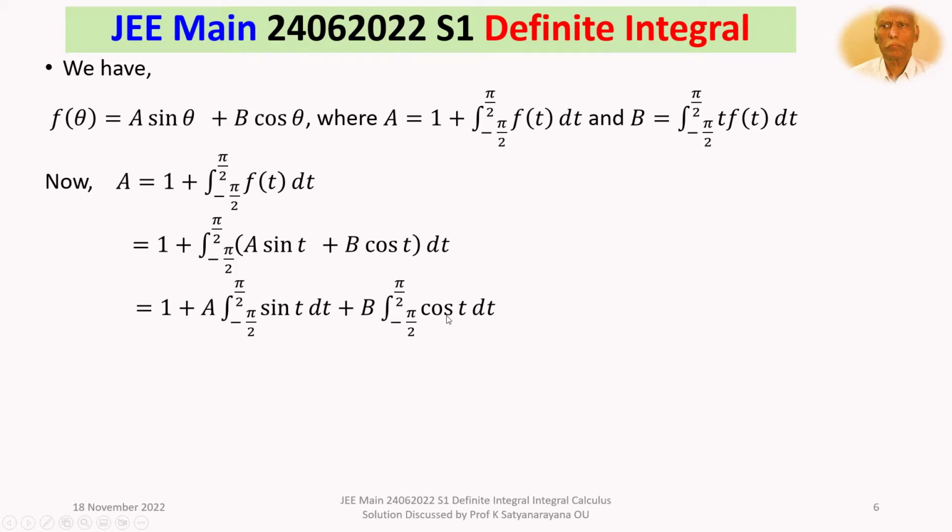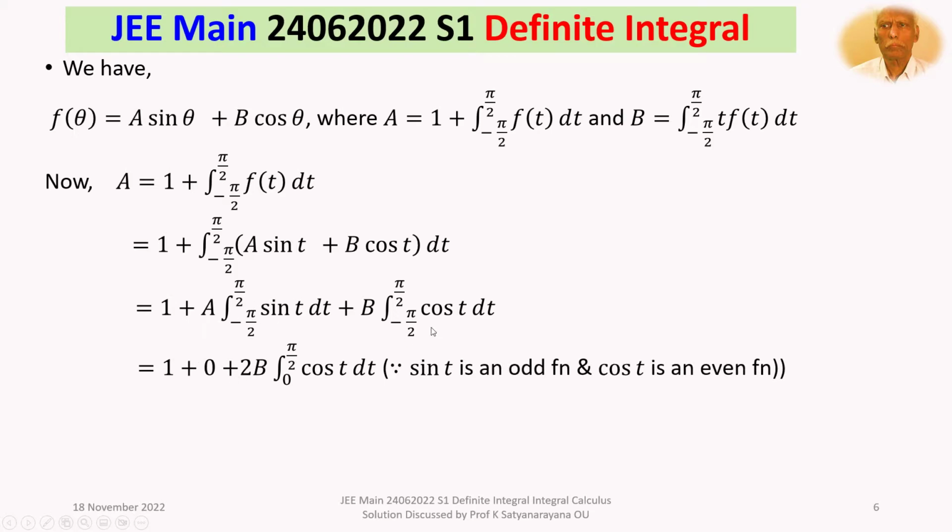And cos t is an even function. Therefore, it will be written as 2 times integral 0 to pi by 2 cos t dt. So, that will be 1 plus 0 plus 2 times b into integral 0 to pi by 2 cos t dt. Now, when you integrate cos t, you will get sin t. Sin t, when evaluated between the limits 0 to pi by 2, you will get the answer 1. So, that will be equal to 1 plus 2b.